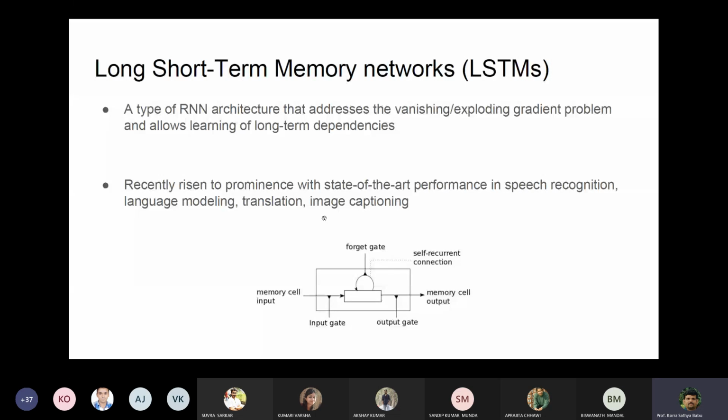As I said yesterday, I gave you one example: suppose there is a sentence like, I lived in Odisha for 10 years and I was very happy with the people over there and we used to always chit chat. At last I gave you a sentence, I can speak dash. So you named it that it is Odia, right? So it means that there is a dependency.